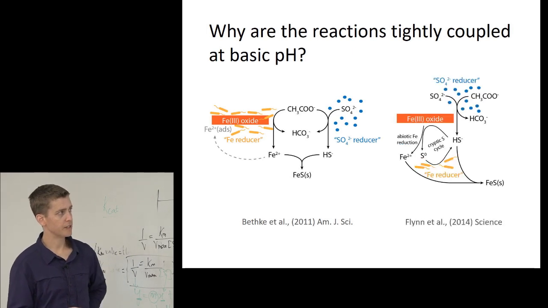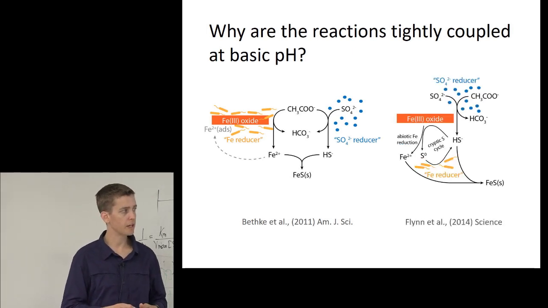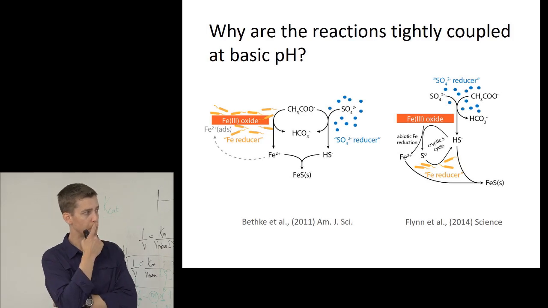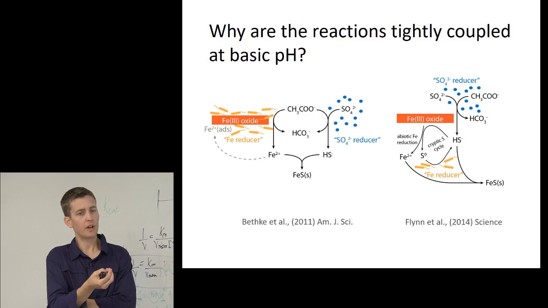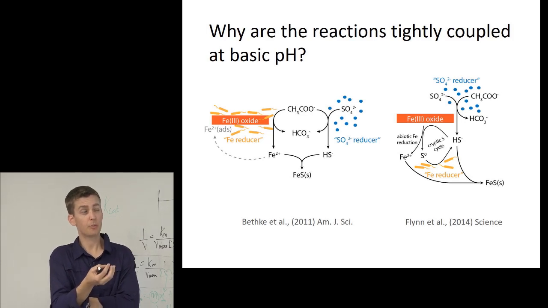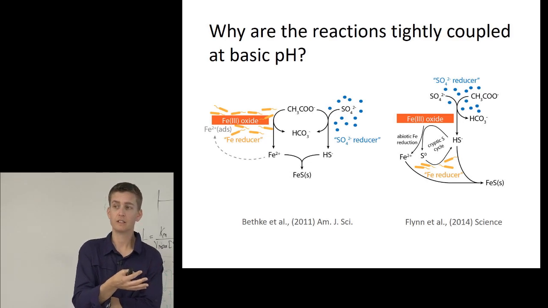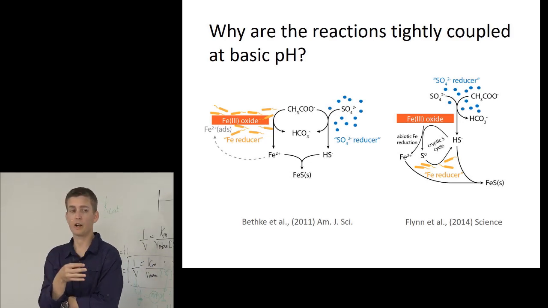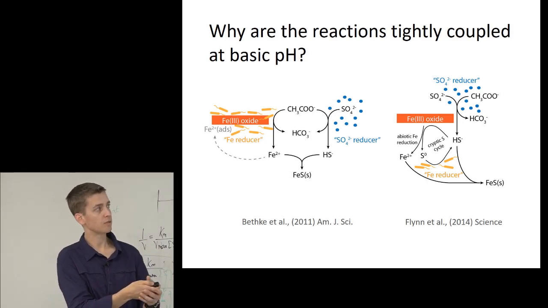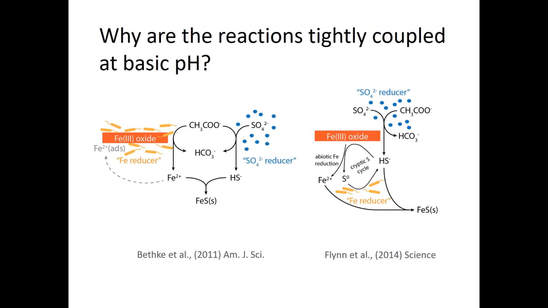Another idea that's out there, our collaborator Ted published, and there's some other similar studies as well, is that sulfate reduction helps iron reduction happen by triggering some sulfur cycling that indirectly drives iron reduction. So let's break this down a little bit. We got sulfate reduction producing sulfide. That sulfide abiologically reduces iron.